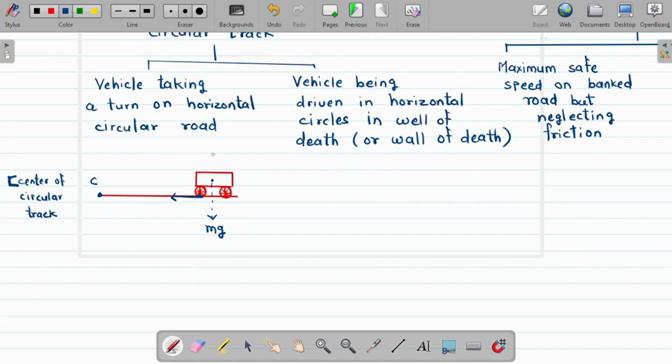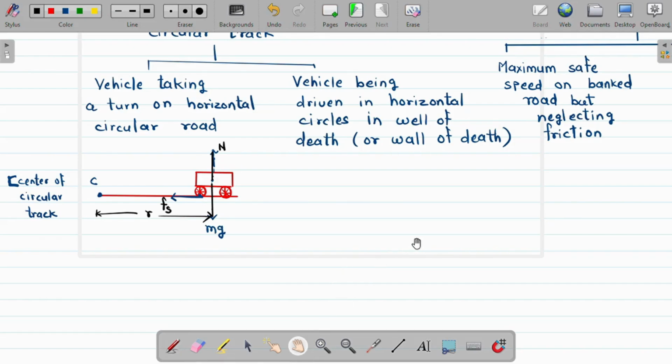As we all know, the road surface will exert a normal reaction on the car, and all the forces act at the center of mass. So this is the normal reaction, and this is the weight of the car acting vertically downward. Let's draw this, and this arrow represents the force of friction. Now this is the radius of that circular track.